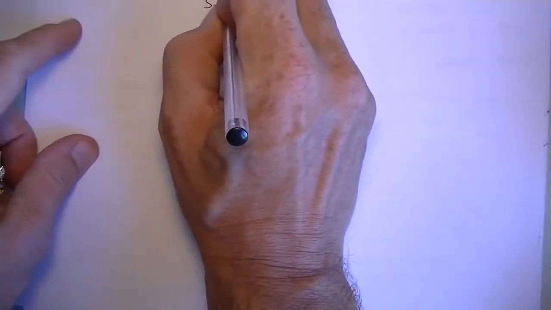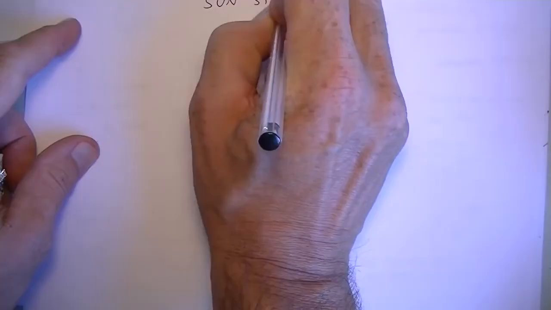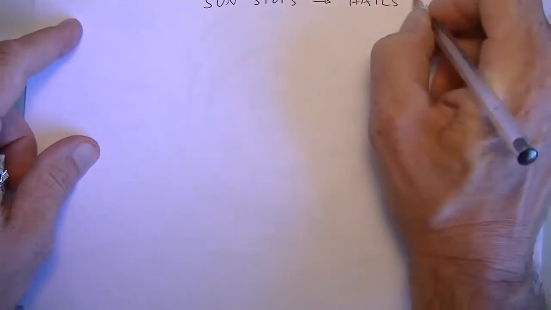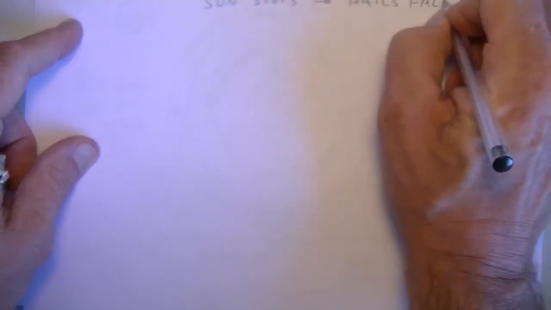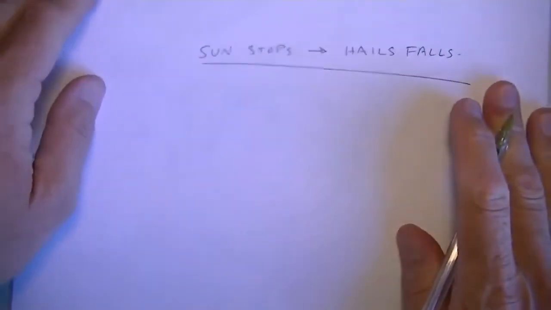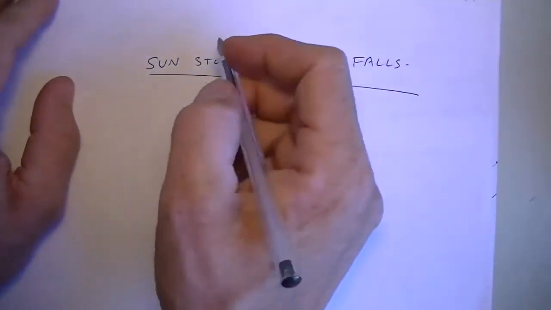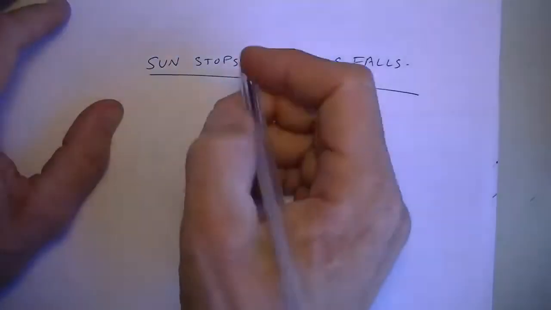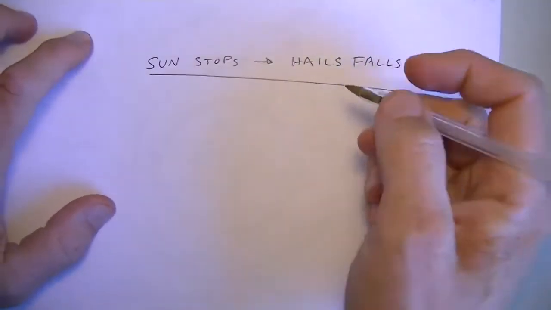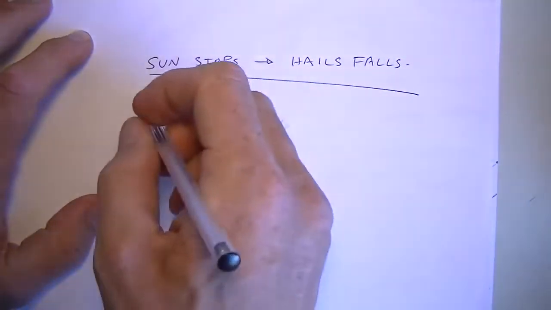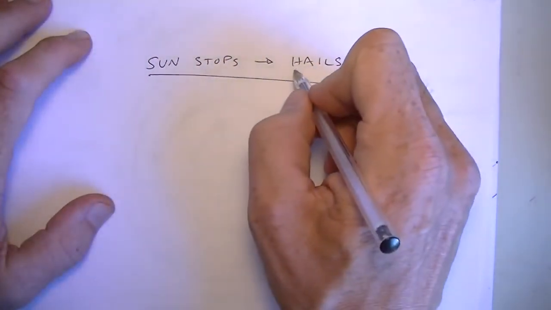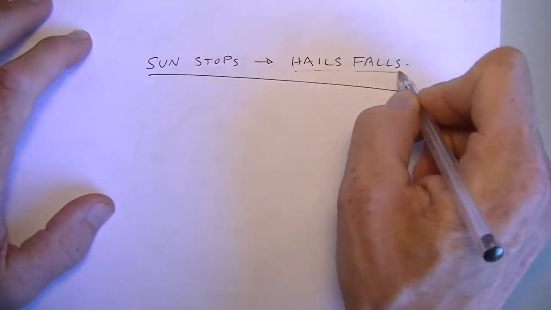If the sun stops, hail falls. There is the connection. If the sun stops, hail falls. If the sun stops again, you can conclude that it's very likely that hail will fall again. Now, let's look at some of the verses in the Bible where it talks about hail falling, okay?